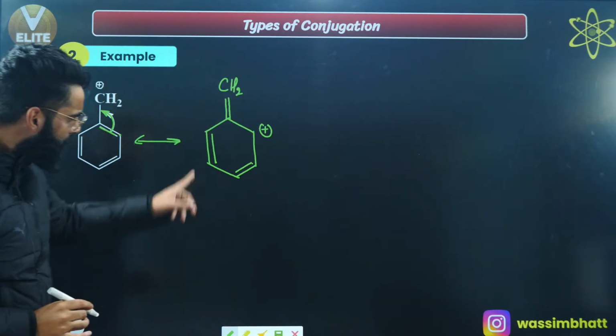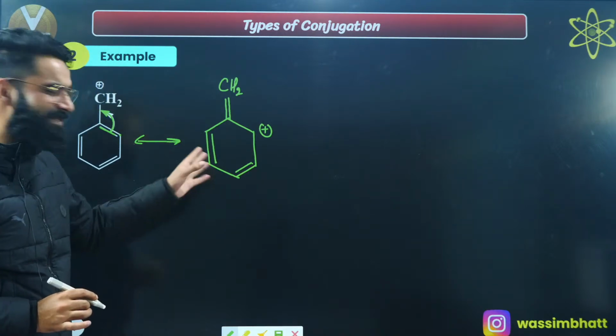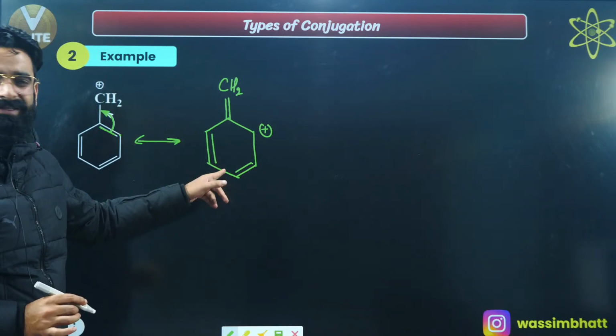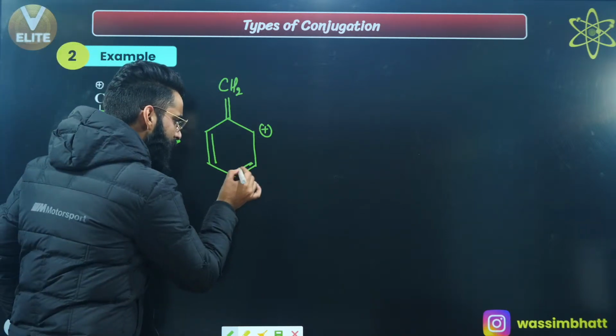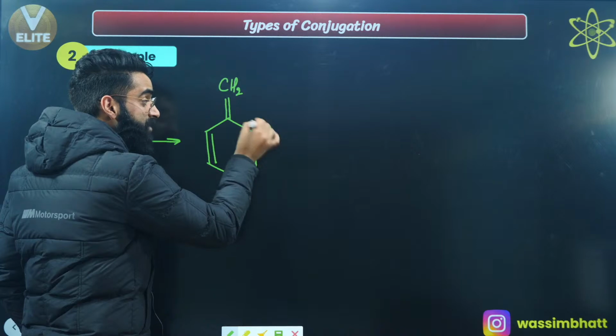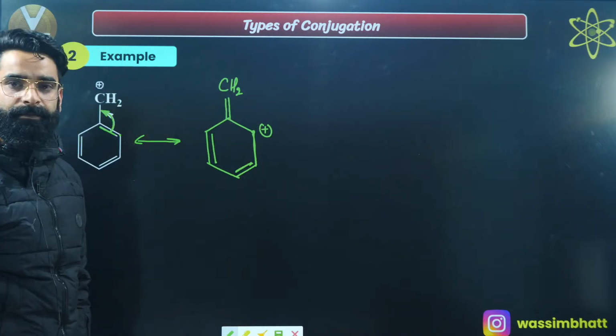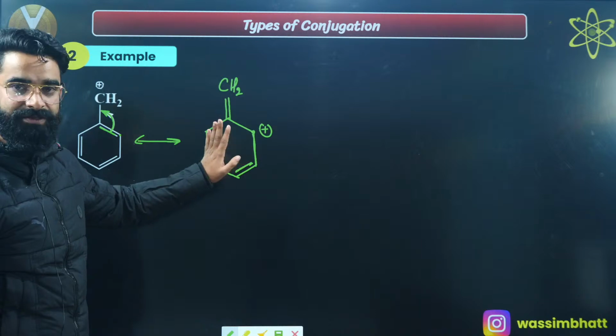Now, do you see the conjugation again in this? I can say yes. I can see again pi, sigma, vacant orbital. See, this is basically your pi, this is sigma, and this is basically CH2 positive. There is one hydrogen attached with this, okay?